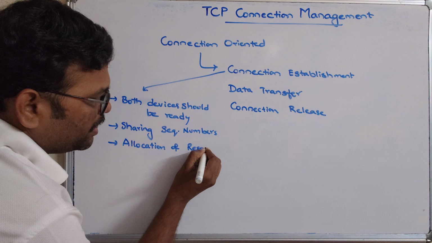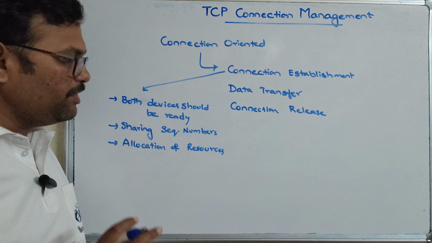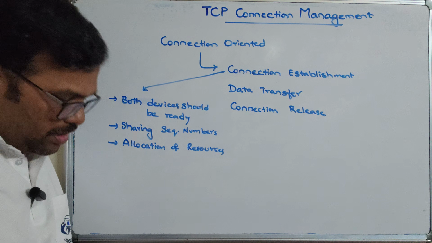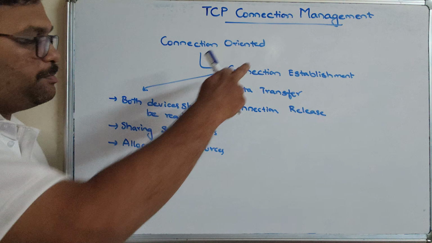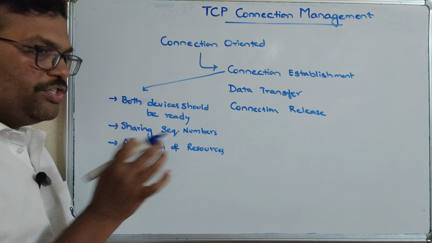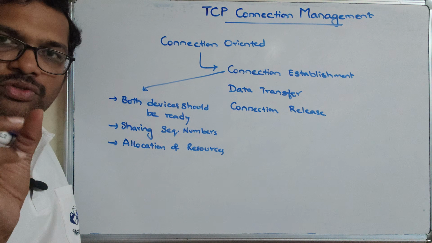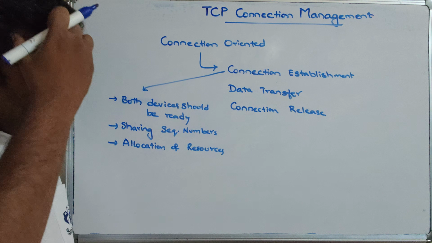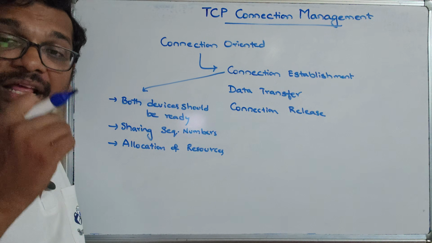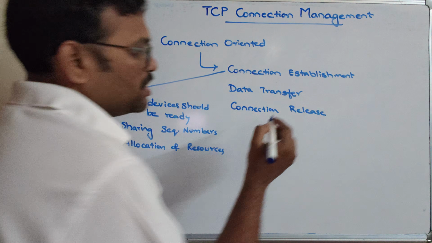In order to complete the task, some resources may be required, so that allocation will also be done in the connection establishment phase. First the devices get ready, and then the sequence numbers are shared among those two devices, and once they are shared, the connection is established and they are ready to transfer the data.